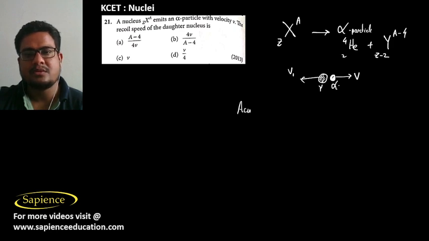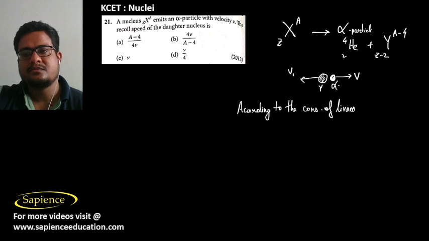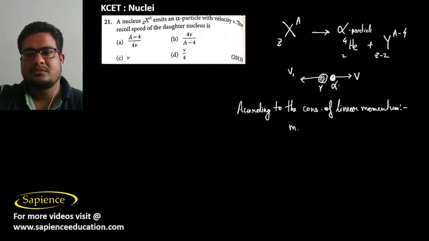According to the principle of conservation of linear momentum, m1v1 plus m2v2 is equal to the initial momentum of the system, that is zero.